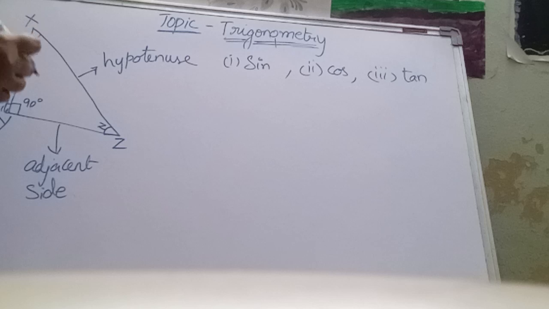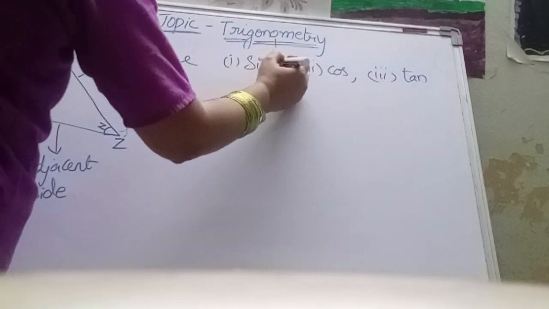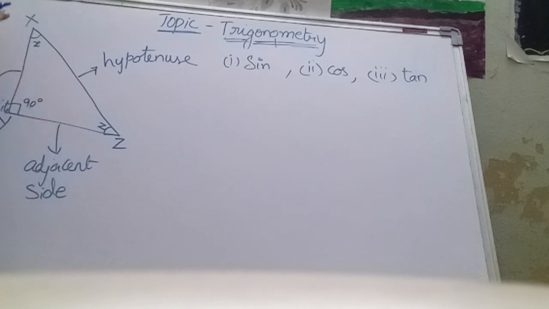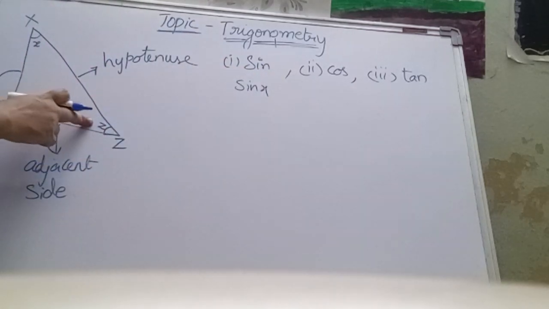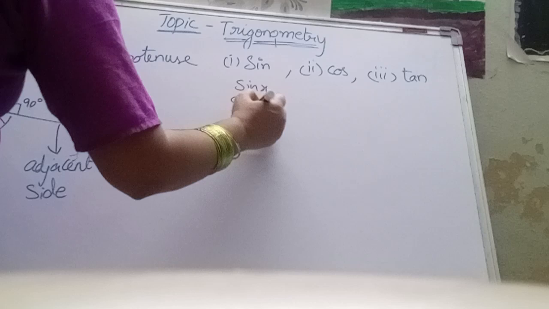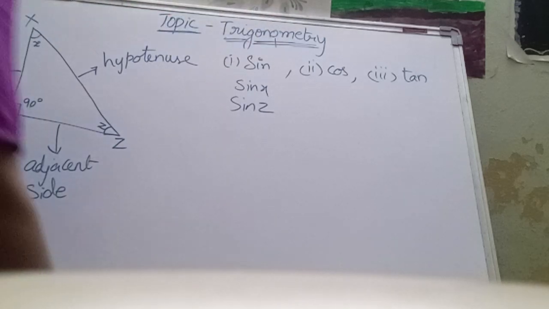Here, if you have to find the sine of this angle x, then we write sine x. Or if you want to find it for z, sine z. Like that, corresponding angle names we will take by using these three basic names.